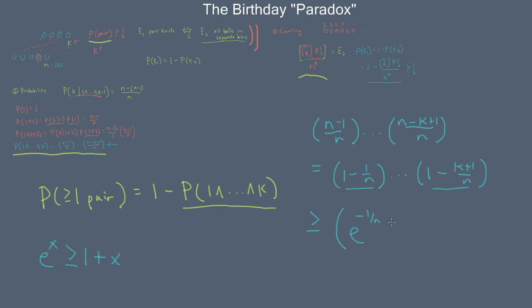So we'll have e to the minus (k plus 1) over n. This is equivalent to, we're going to factor out a negative 1 over n, and then we simply have the sum of the first k plus 1 terms.